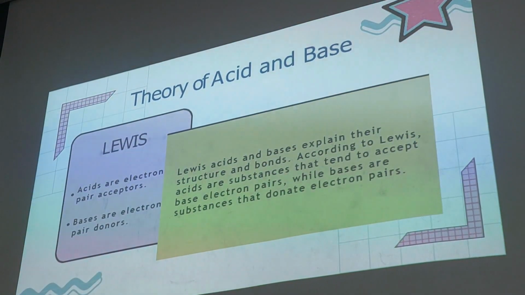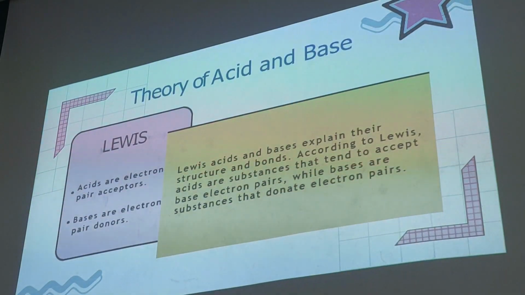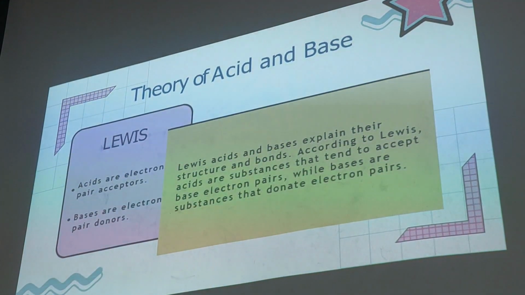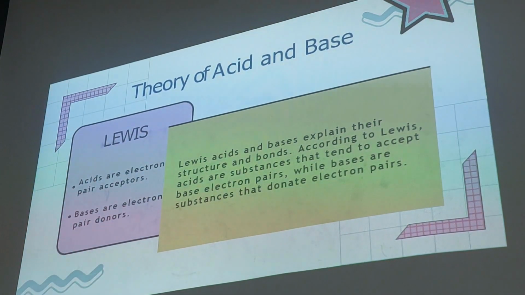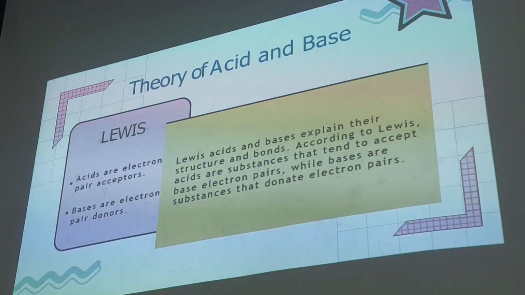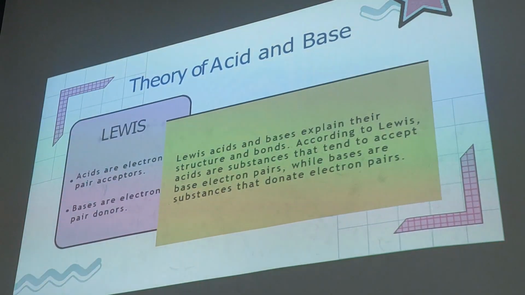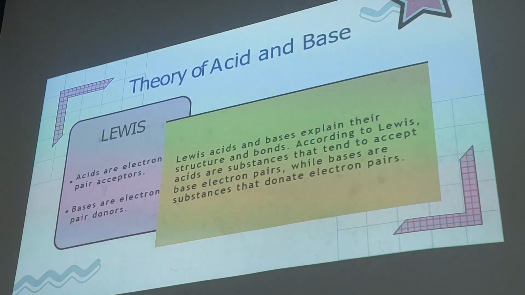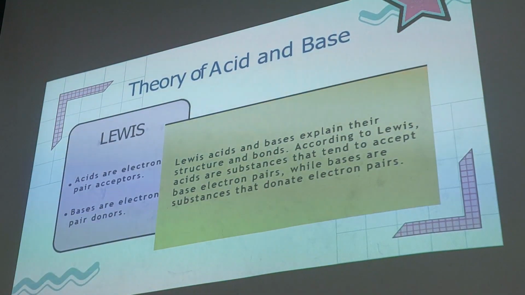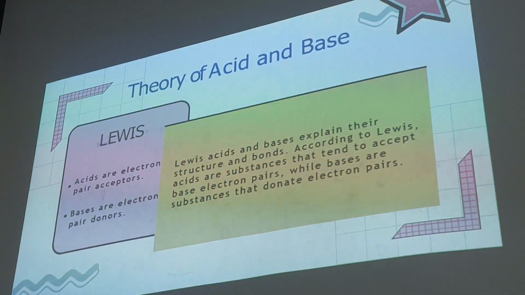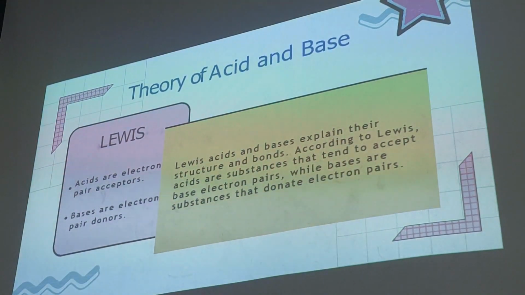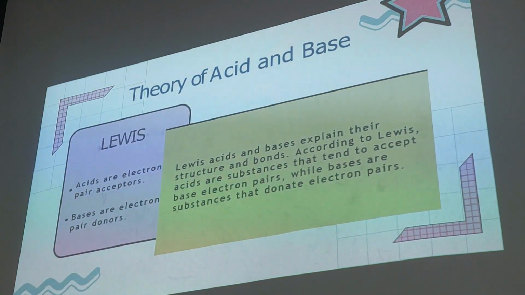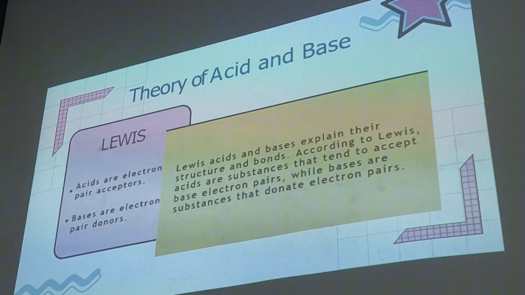The types of chemical bond that you know: hydrogen bond, ionic bond, covalent bond. Covalent bond is the bond between what and what? Non-metal and non-metal.